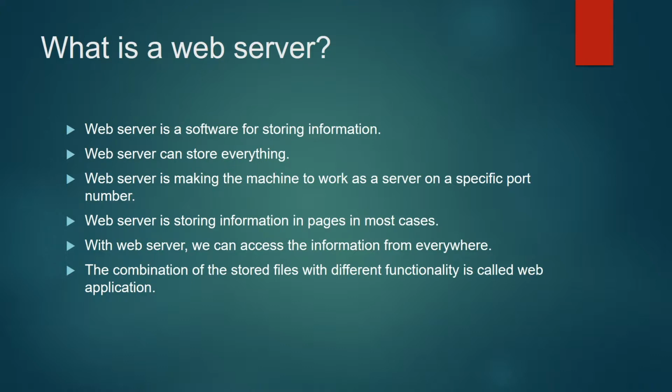Now, the web server is actually forcing your machine to listen for a connection on that specific port, and when a connection comes, depending on how you configured it, the server is going to either allow or block that connection. So basically your machine is now working as a server on that specific port.